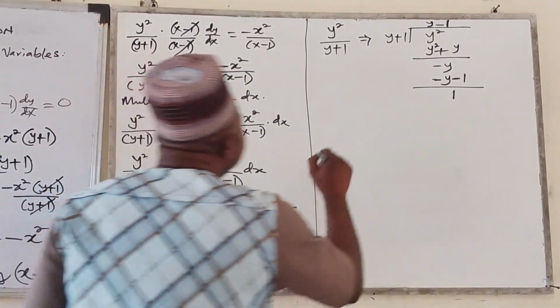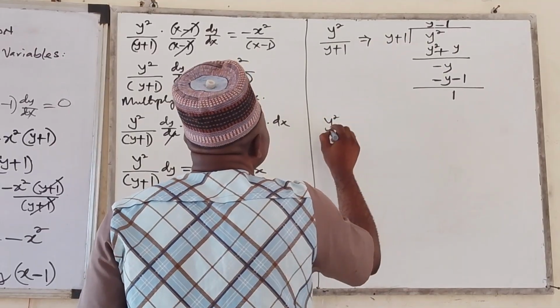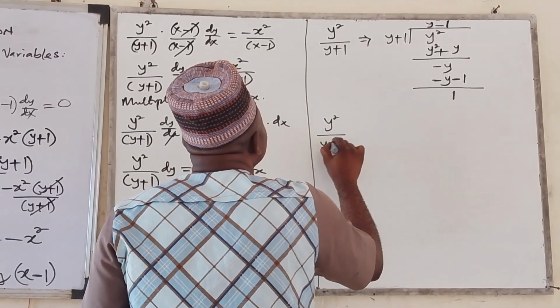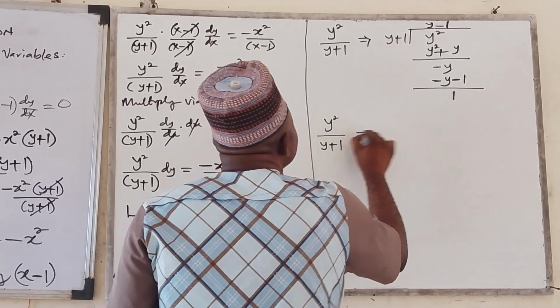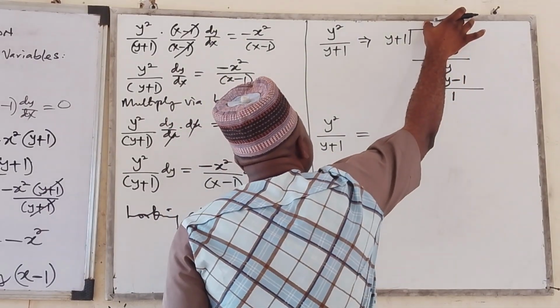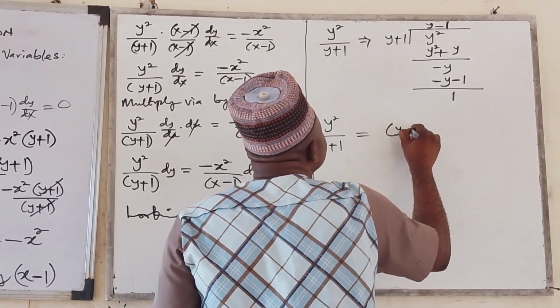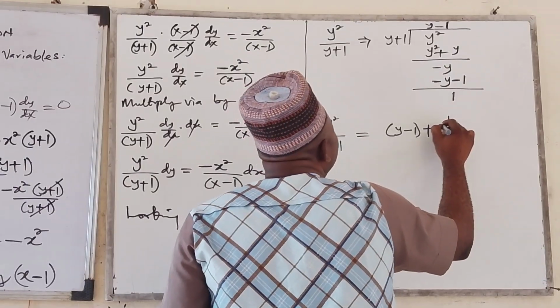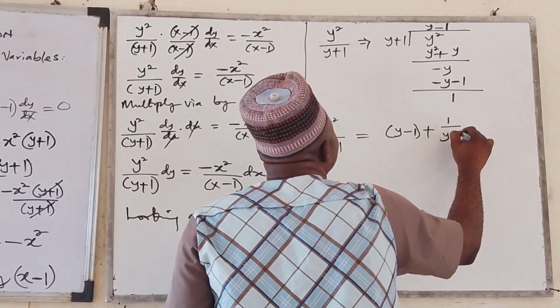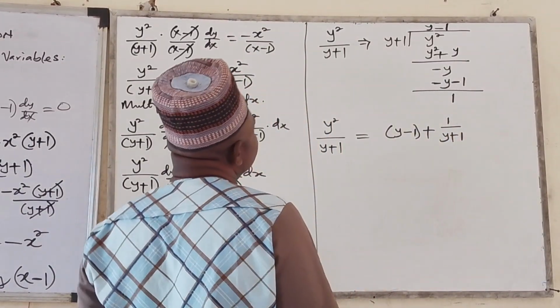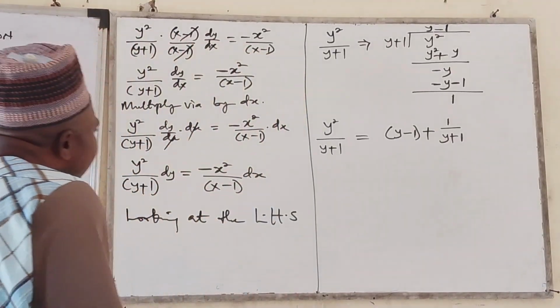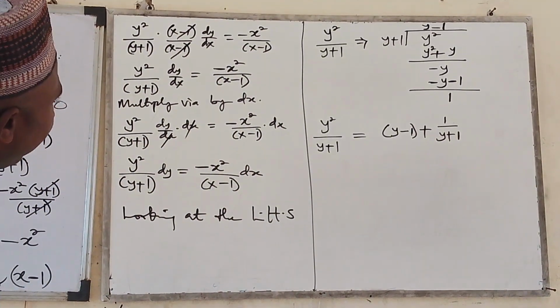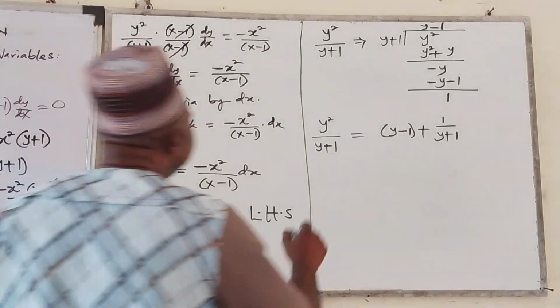So it therefore means that y squared divided by y plus 1 is equal to, now this is the quotient, y minus 1 plus 1 all over y plus 1. So that's the value of y squared divided by y plus 1. Now let's figure the integral of it.